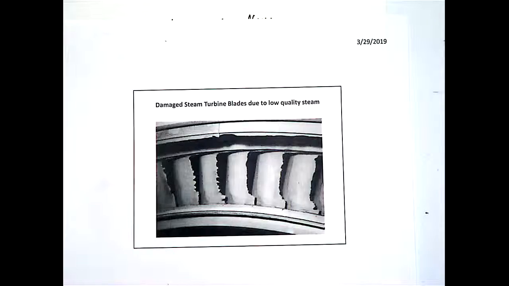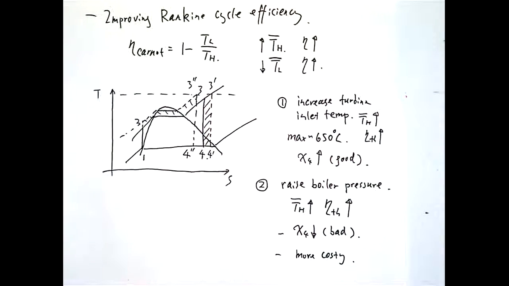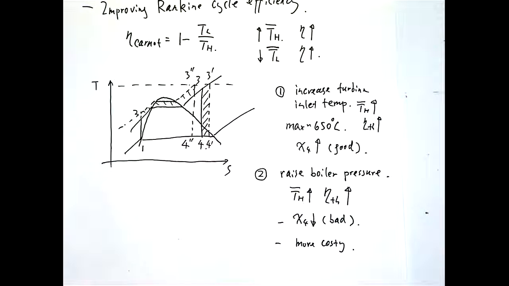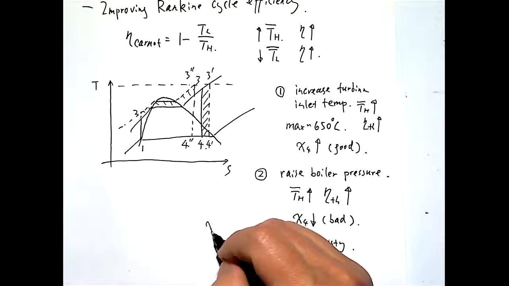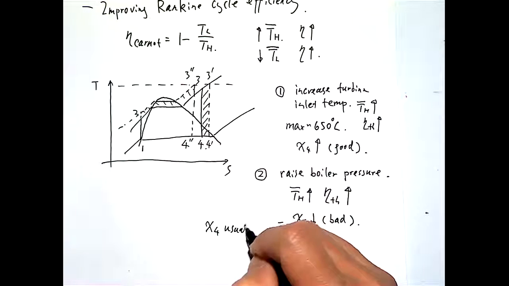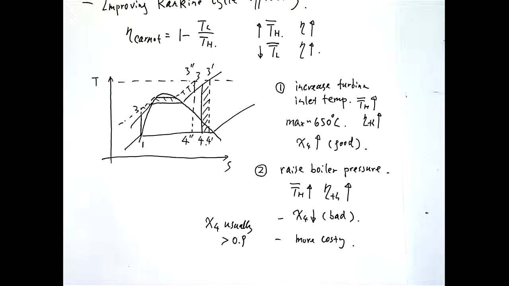blades over time. So to maintain the quality of the steam, generally you need to have this X4 above a certain threshold, like 0.9. So X4 is usually greater than 0.9.